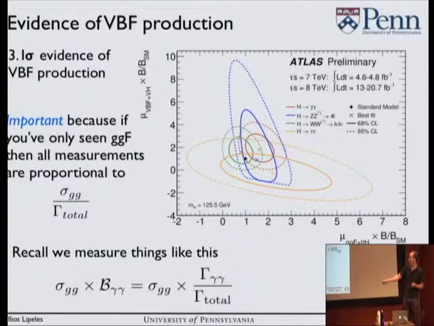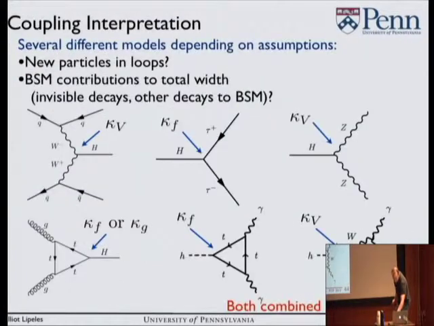If I've only measured things with glue-glue, then there's always a ratio of the total width to the glue-glue in there. So if I haven't seen VBF, I have no information about the ratio of those two guys, right? Or I have information only about the ratio and nothing about the absolute values of those two guys.